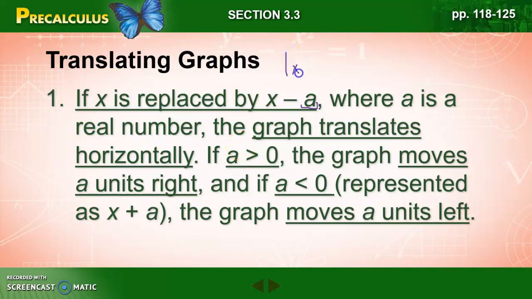So if we have x minus 3 in an absolute value bar, for example, if a is greater than 0 and 3 is greater than 0, the graph would move a units right, or 3 units right. If a is less than 0, so if we have x minus negative 3, for example, then that graph would move a units left, in this case, 3 units left. Now, because two negatives do make a positive, it's going to be represented like that. So it's going to seem like you're doing the opposite.